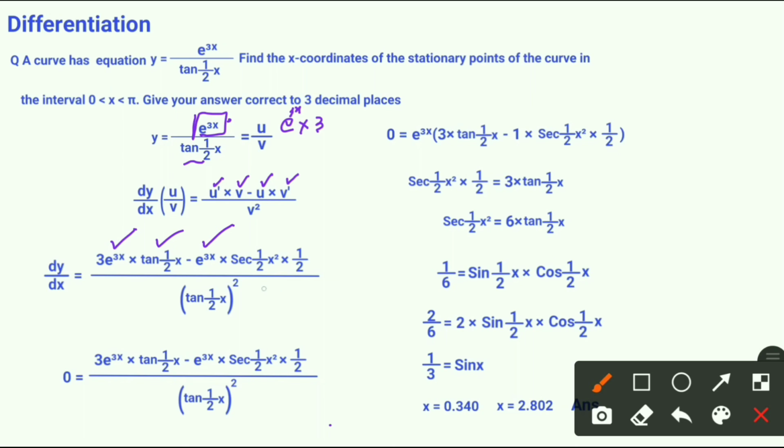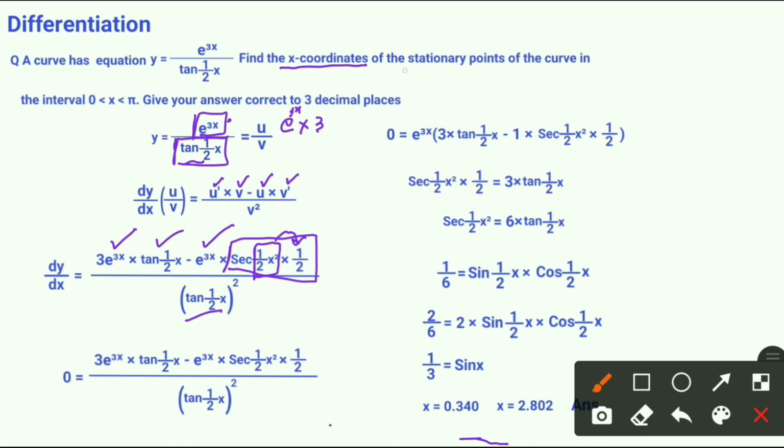This is v minus u, and then multiply by the derivative of v. So we have differentiated tan, and if we differentiate tan, it's going to be 1 upon 2 sec squared, and then we differentiate the angle, so it's multiplied by 1 upon 2.